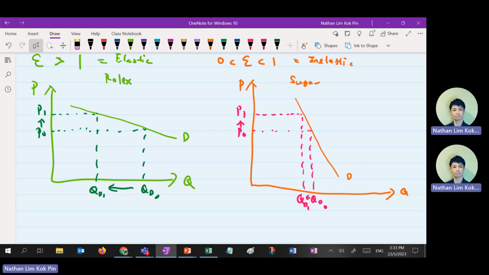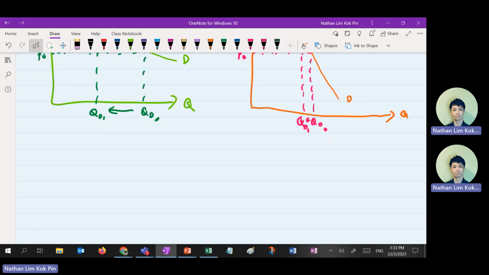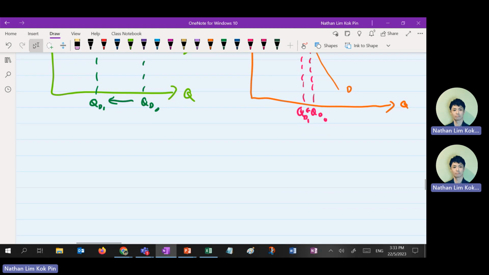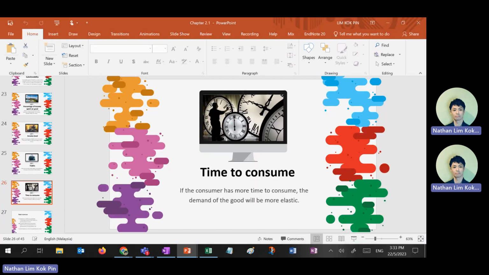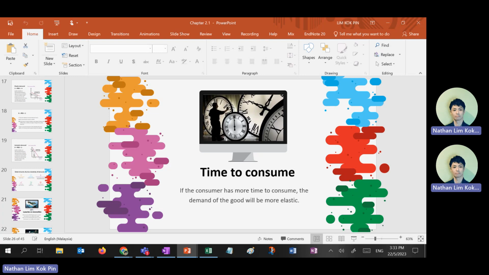I still have to go to my medical center doctor if I'm sick. I still have to buy an umbrella if it's a rainy day, that becomes a need during rainy day. Make sense? Any questions before I talk about determinants of PED?